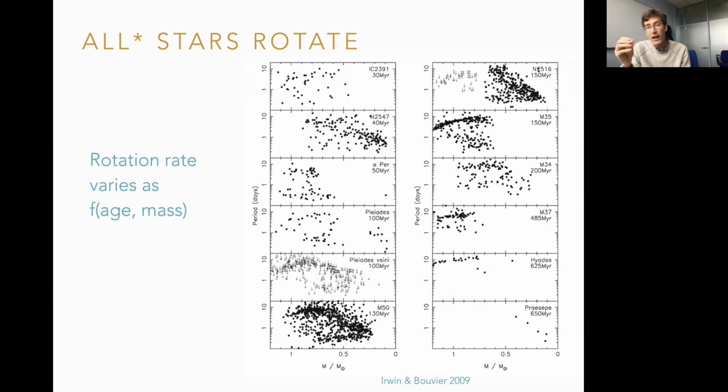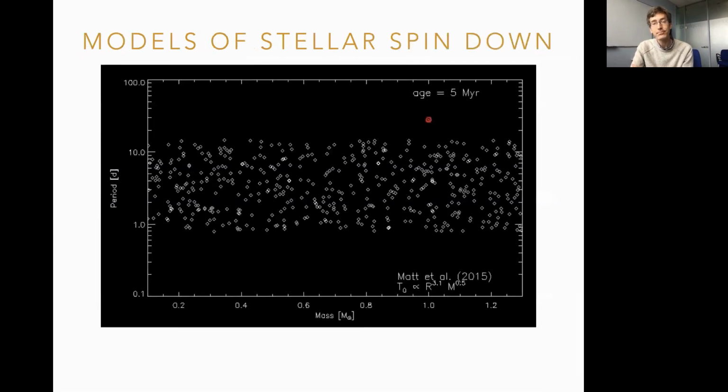As you look at older times, there is much less spread. So the stars sort of converge to some sequence, and then follow this so-called Skumanich-style t to the minus a half spin down over time. So there's, again, just an interesting observational puzzle associated with how you do that.